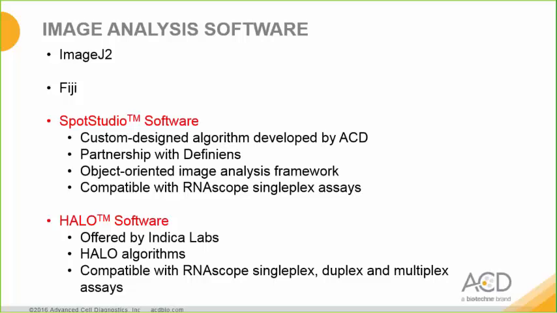The newer version is called ImageJ2, which is written in Java, so it can be used on Macintosh, Windows, and Linux platforms. Another is called Fiji, which stands for Fiji Is Just ImageJ. Fiji describes itself as a batteries-included distribution of ImageJ, bundling a lot of plugins which facilitate scientific image analysis.